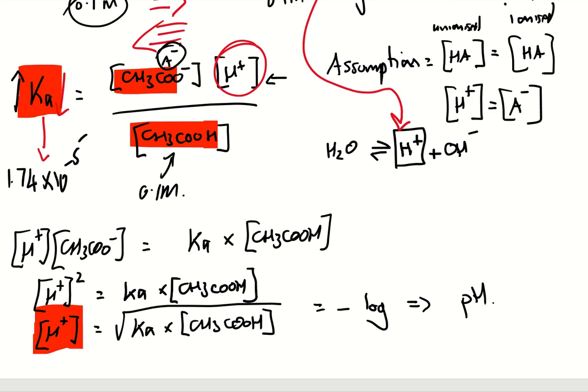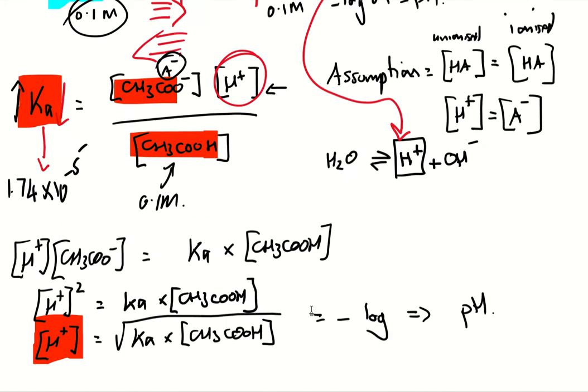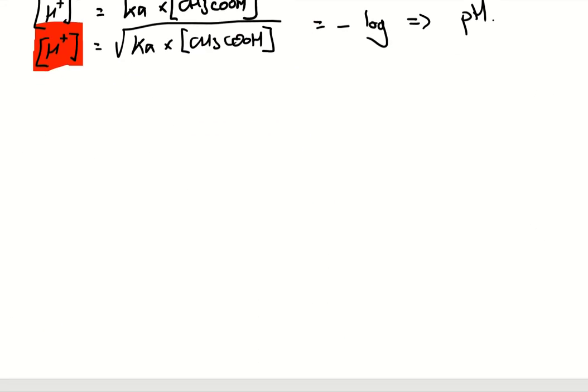We need to rearrange it all and then get our H+ ion concentration. And once we get our H+ ion concentration, from there we're able to do our pH, simply minus the log of it, and that's it really.